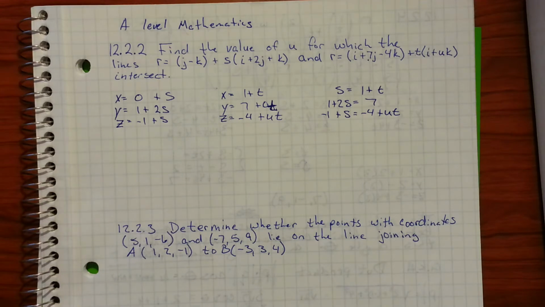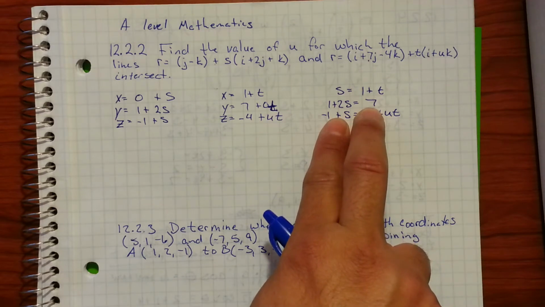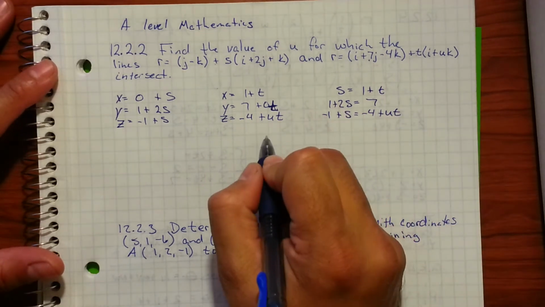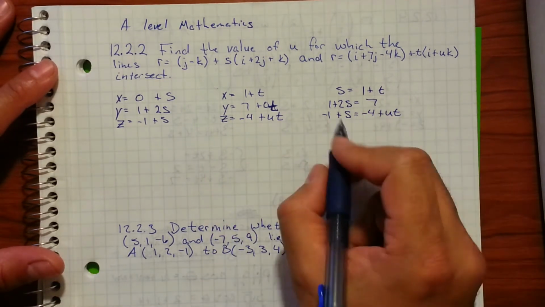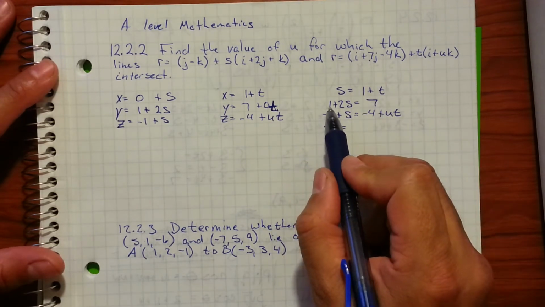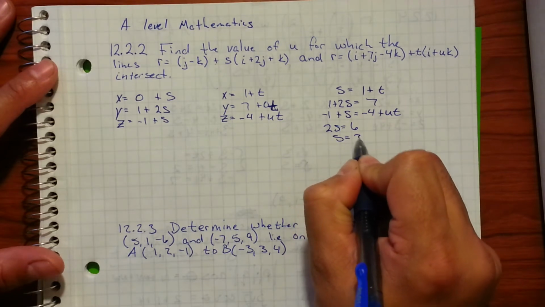Now we could use this system of equations, but the easiest thing is going to be substitution. If you notice right here in the second one, I only have s's, there is no t, so I'm going to take that one. Let's move that to the other side, so 2s is equal to, if I subtract, 6, I get s is equal to 3.